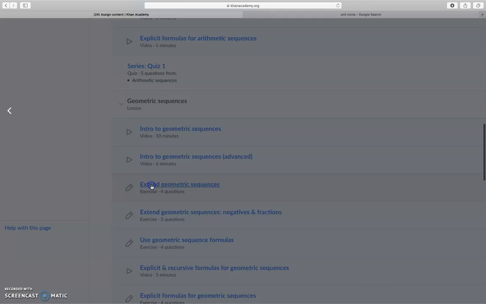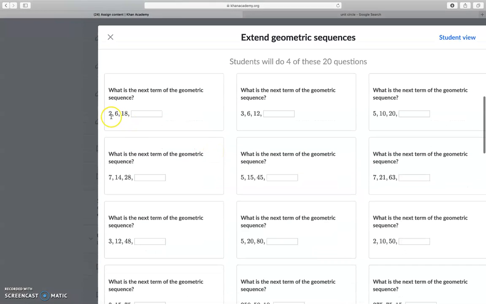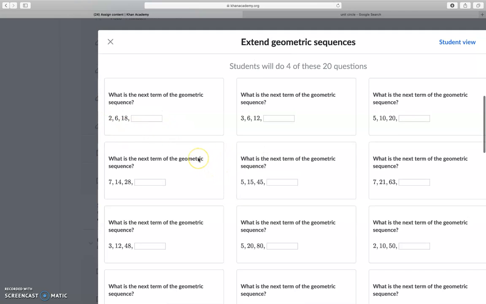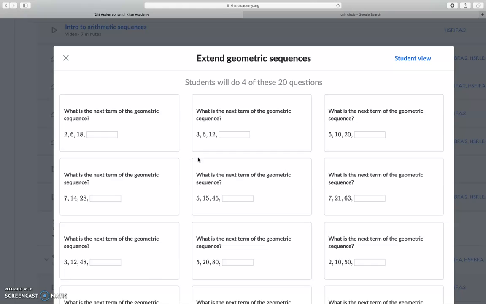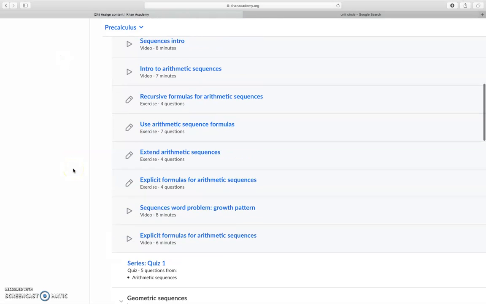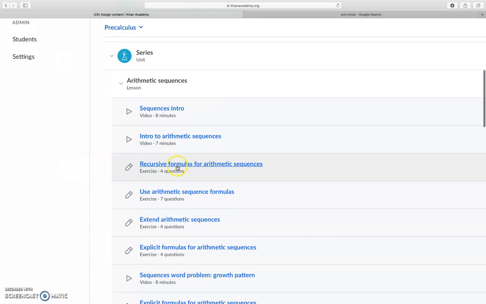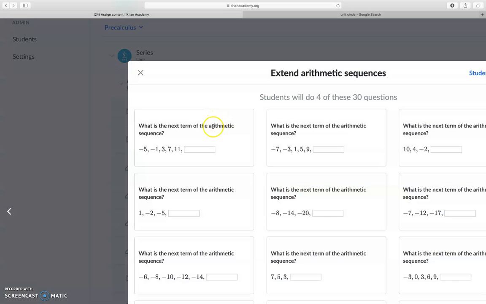A geometric sequence, instead of the pattern being adding or subtracting, they're multiplying or dividing. So that's a quick crash course. Geometric sequences are lists of numbers where they multiply or divide each time, and arithmetic sequences are lists of numbers where they add or subtract the same number each time.